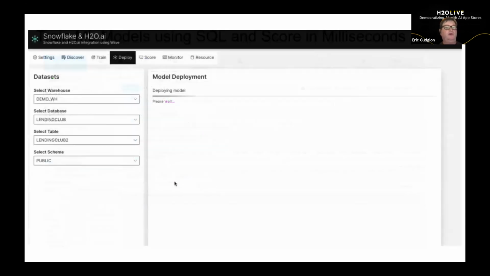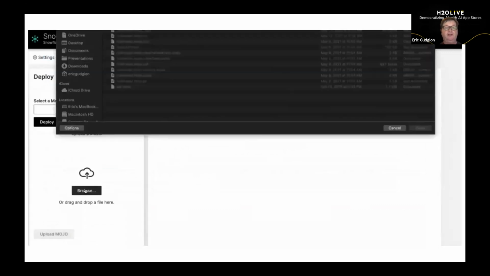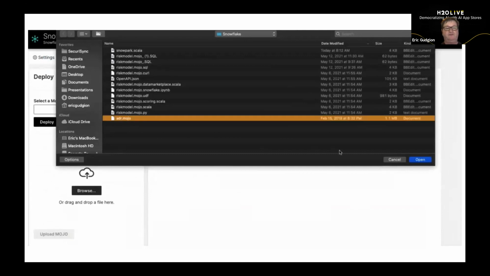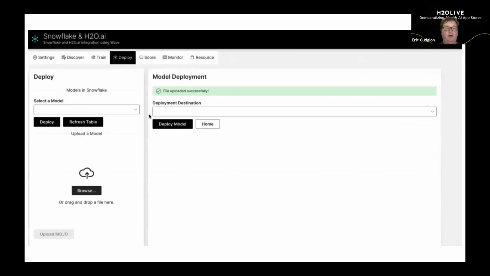And then when we look at the deployment parts of this, the idea behind Wave is to really unify the entire experience for any of the users that are using the technology. So we might build a model outside of Snowflake and actually upload it as we see here.